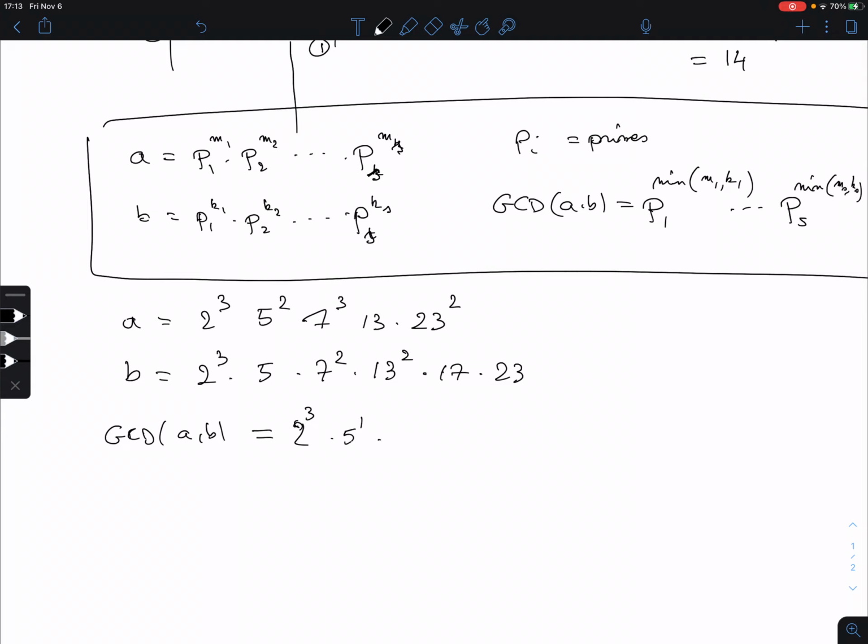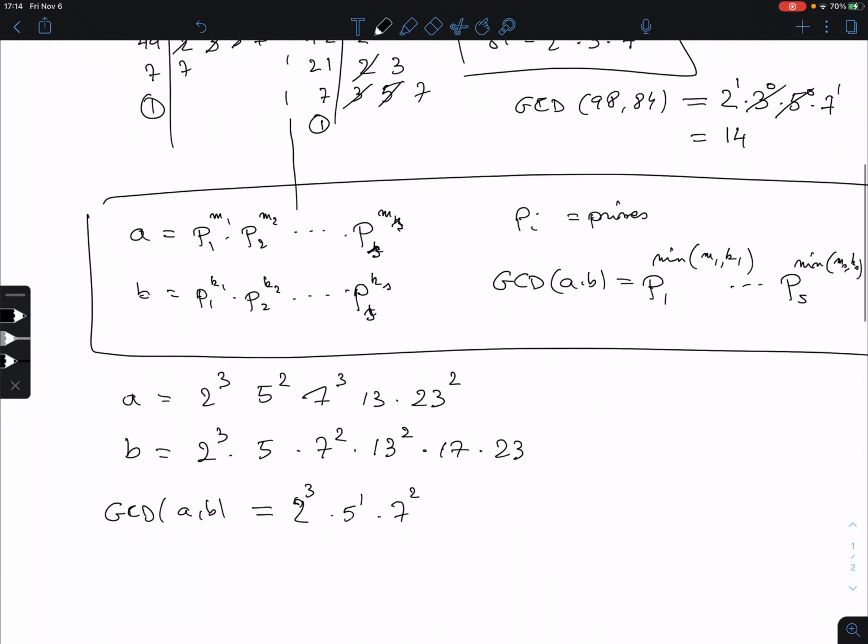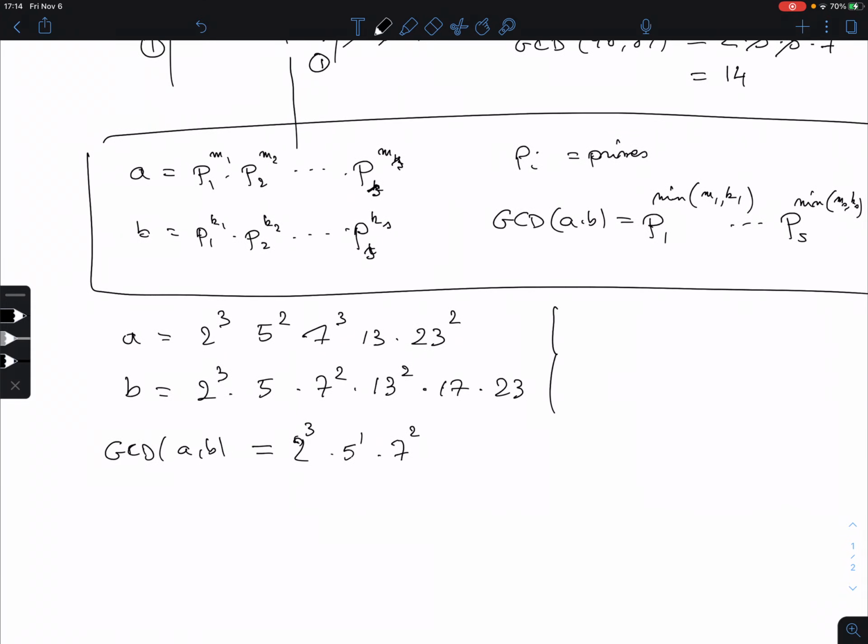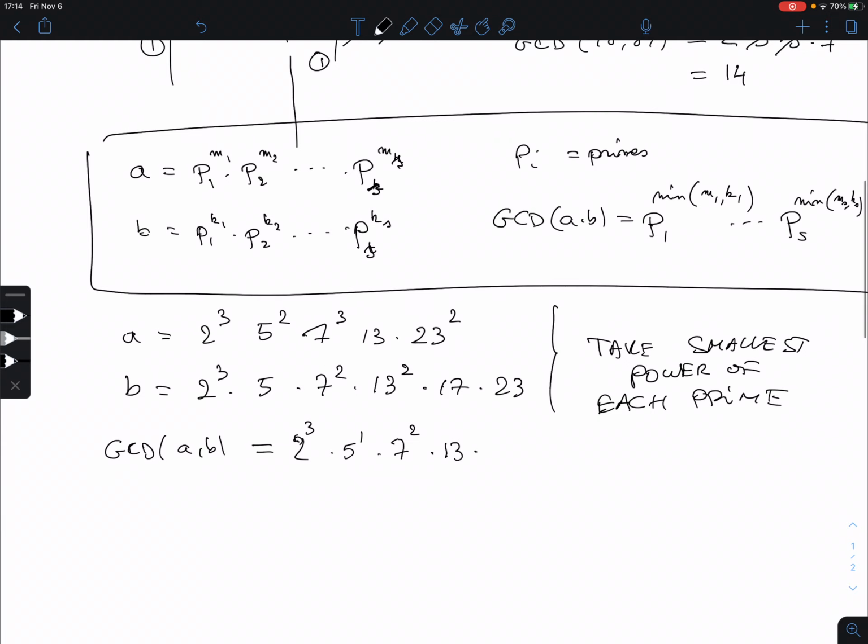For 7, the smallest power is 2. So remember, let me write it: take the smallest power of each prime. That's our strategy. 11 doesn't even occur, but 13, the smallest power is 1.